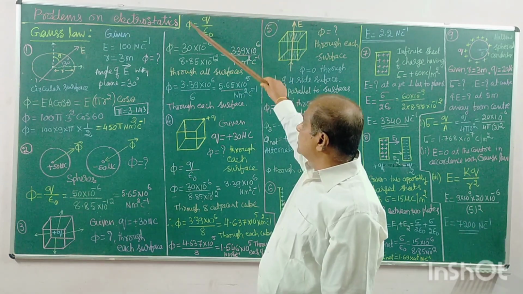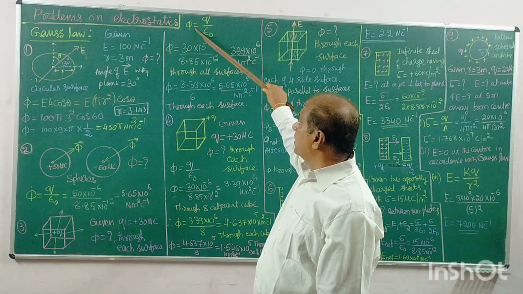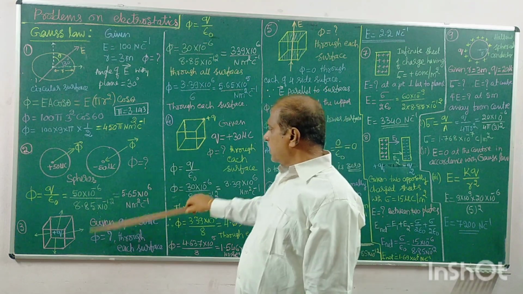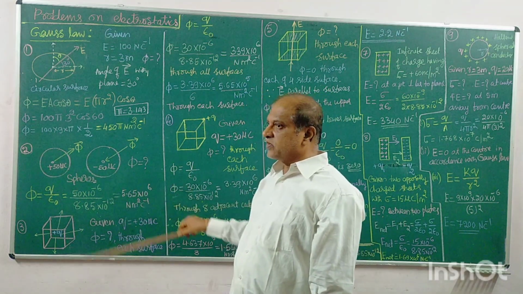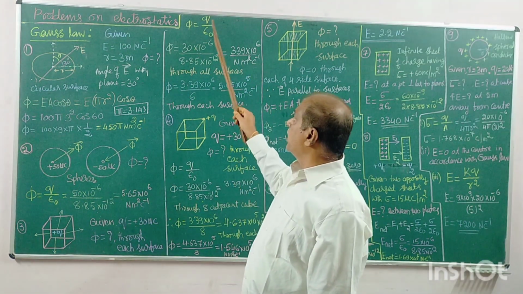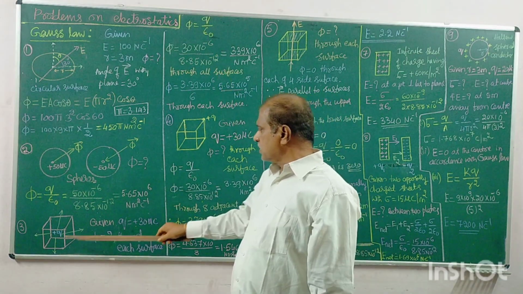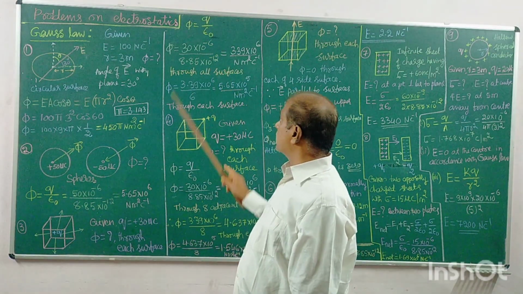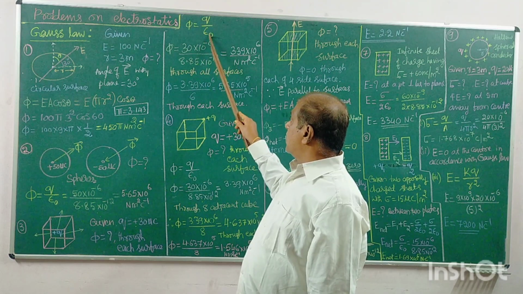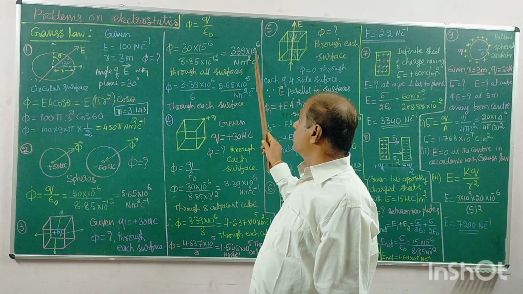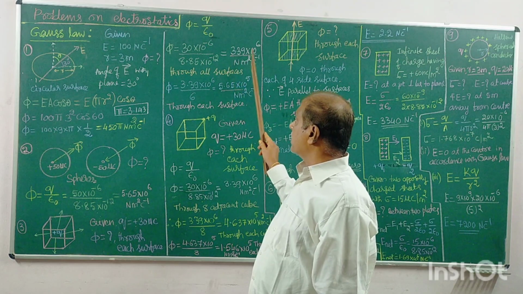The same formula you can apply. The formula for electric flux through the entire symmetric surface is Q by epsilon naught. Q is given, substitute for Q, and epsilon naught in SI is this, substitute and simplify, you get this value. This value is the electric flux.